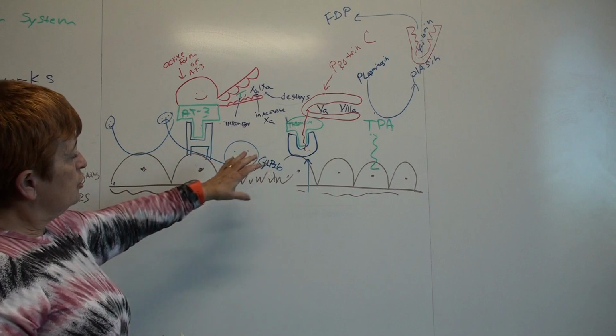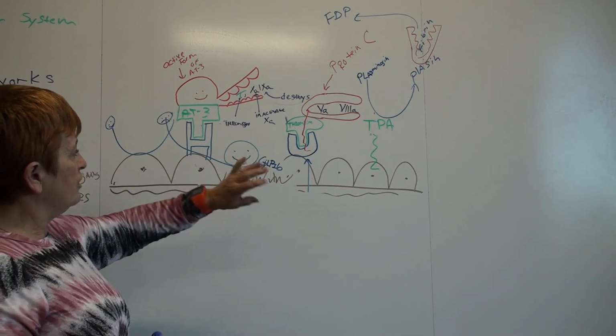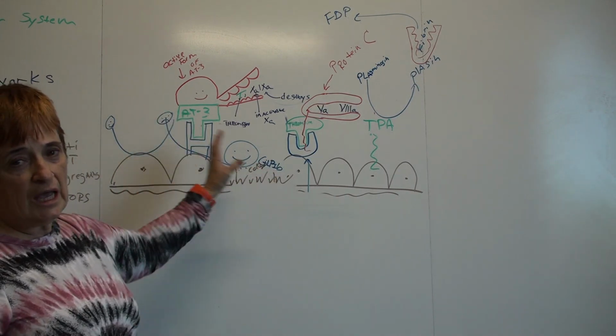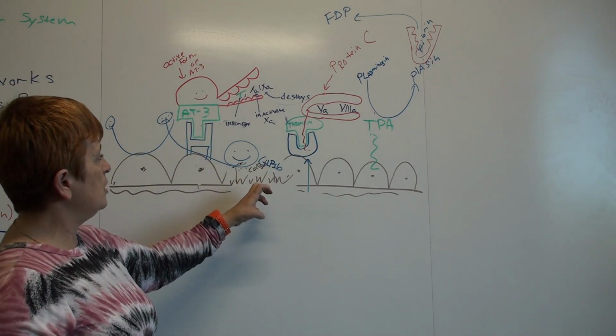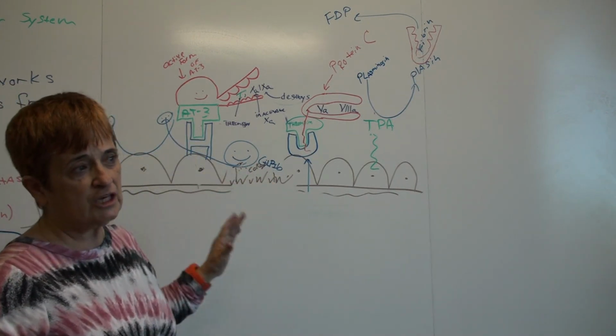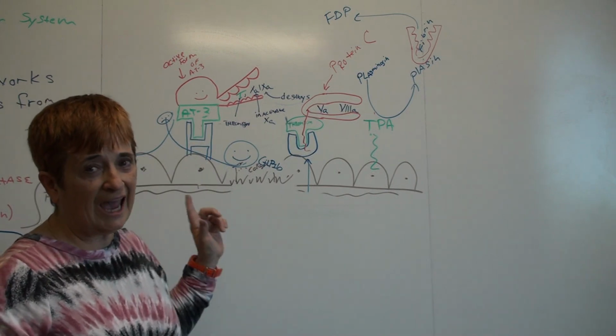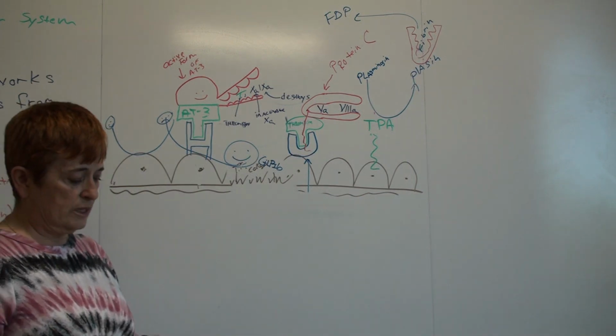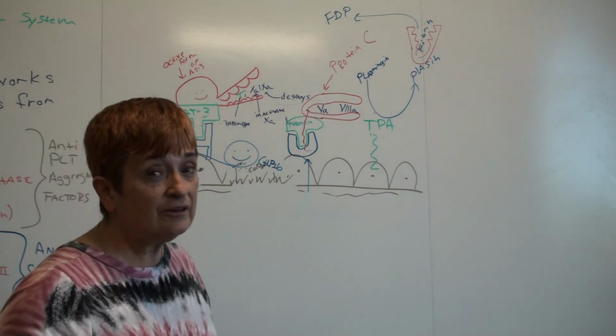Once I get damaged, we have vasoconstriction, secretion of von Willebrand's, tissue factor, collagen, and glycoproteins. Platelets come in and stick to it, and the first stage, remember, is adherence. Once they adhere, they get activated.